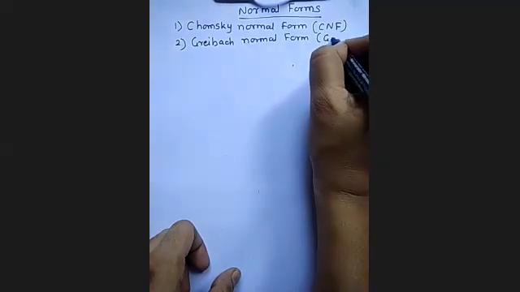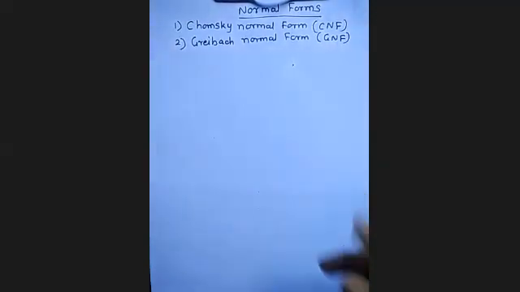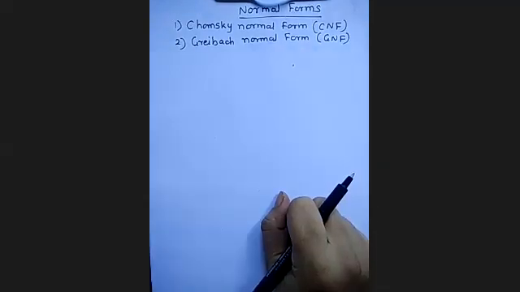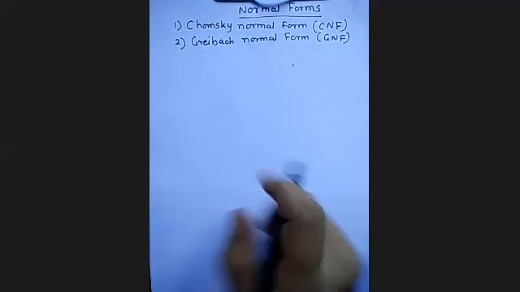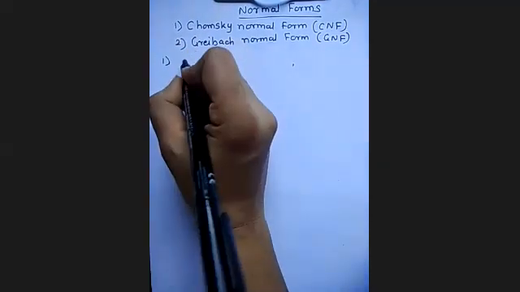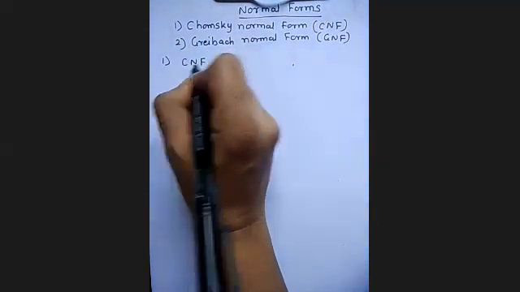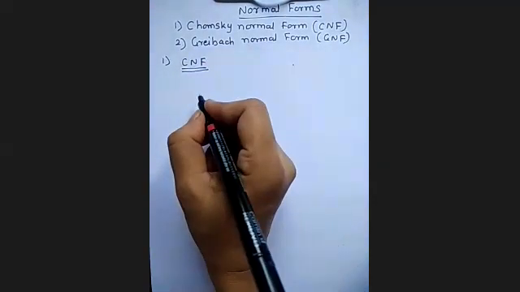In short, we'll be saying GNF. Every context-free grammar without epsilon production has an equivalent grammar in CNF or GNF. So let us consider the first one, that is CNF, Chomsky normal form. Write down about Chomsky normal form.